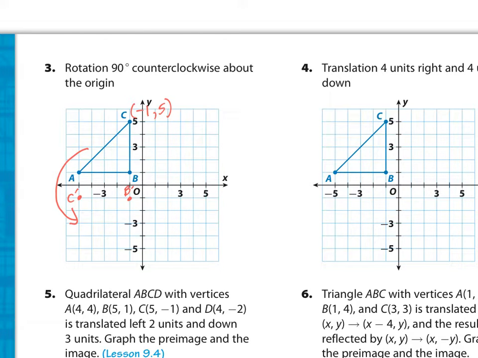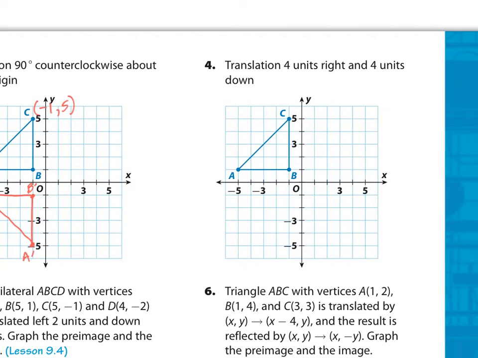And then A prime is going to end up down here. And so this is my image. So it does actually look like it flipped, but the way we label these points, it's definitely not a flip, not a reflection.